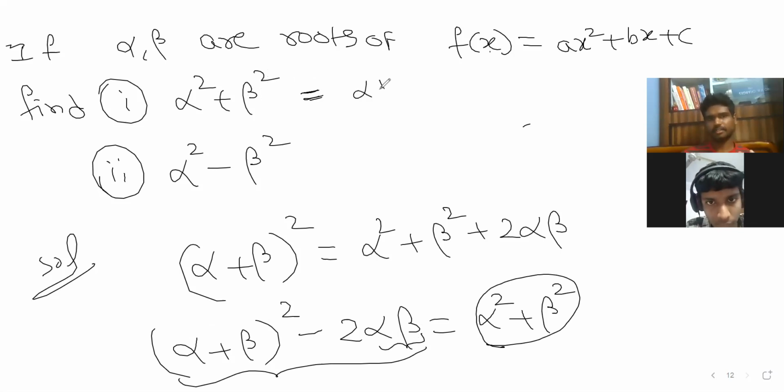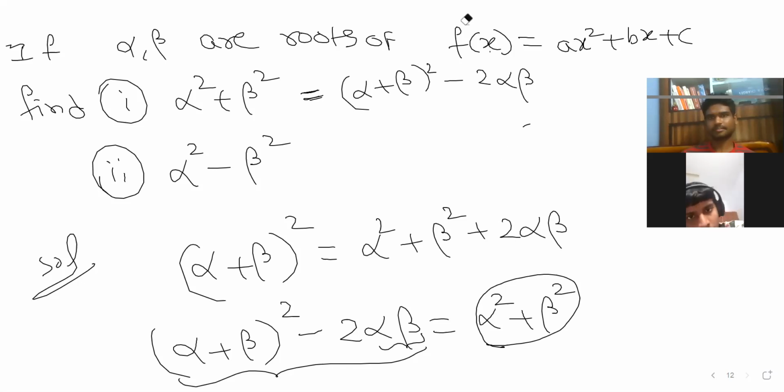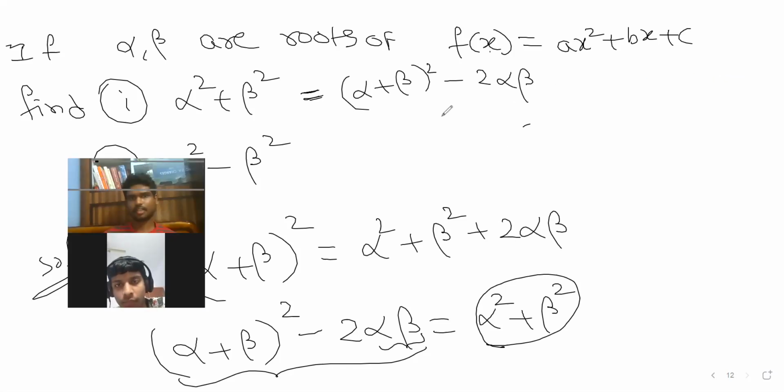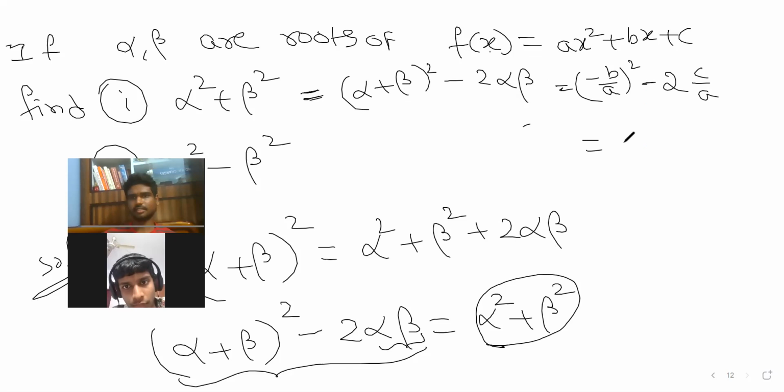So here I can write alpha plus beta whole square minus 2 alpha beta as alpha square plus beta square, right? Now I know alpha plus beta, that is minus b by a whole square, minus 2 into alpha beta, that is c by a. That's it. This is the answer.